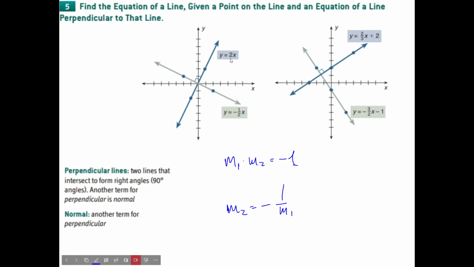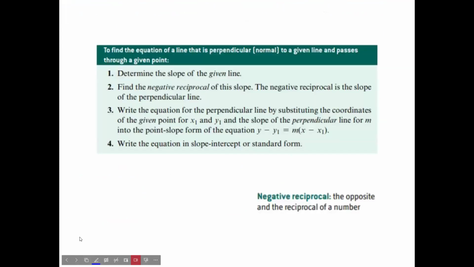For example, 2 and minus 1 over 2. 2 over 3 and minus 3 over 2. Okay, negative reciprocal. So how do we find it? We find the original slope, then we find the negative reciprocal, and use that as the slope for the perpendicular line using this equation. Let's do it.